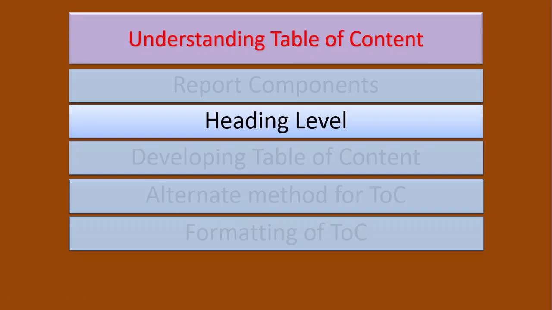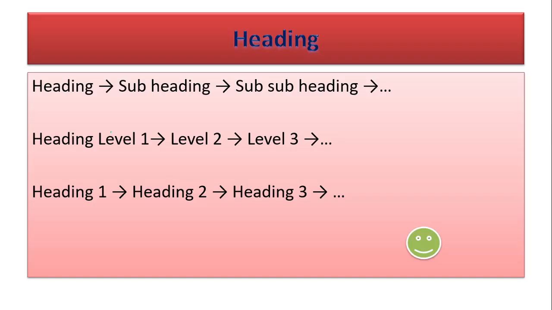Before going into the discussion, the first thing you should know is the heading level. This is an important thing. Heading level means there is always a main heading, and under the main heading there is a subheading, and under the subheading sometimes there are also sub-subheadings. Depending on the requirements and the nature of the report, these are the basic formats of any heading.